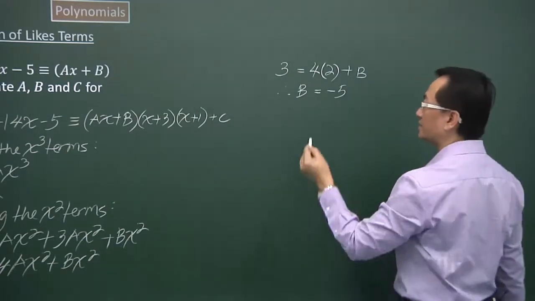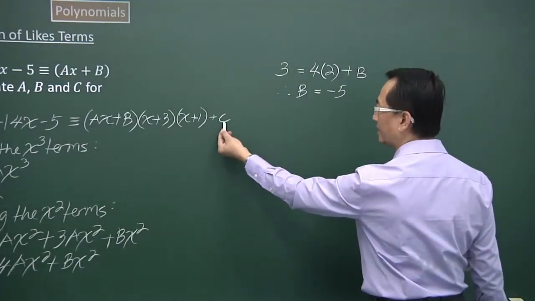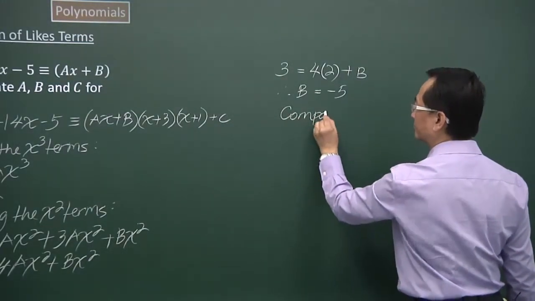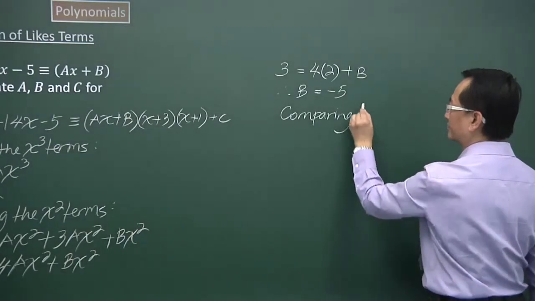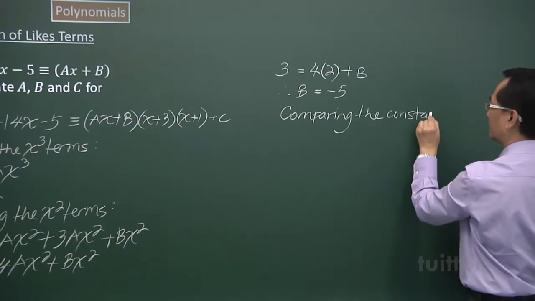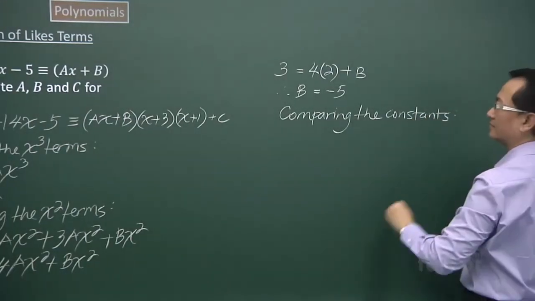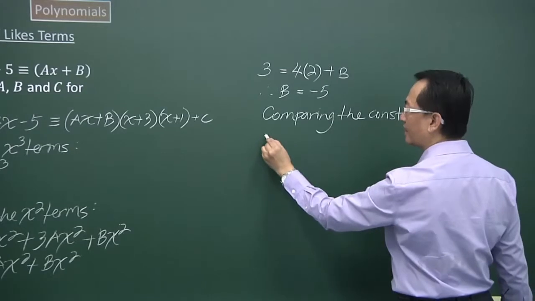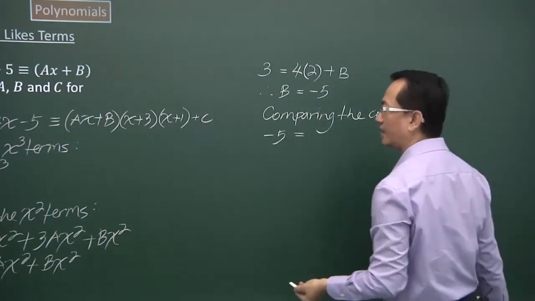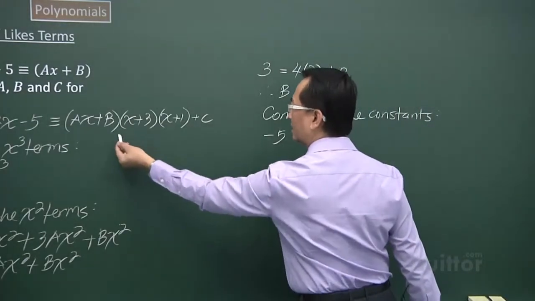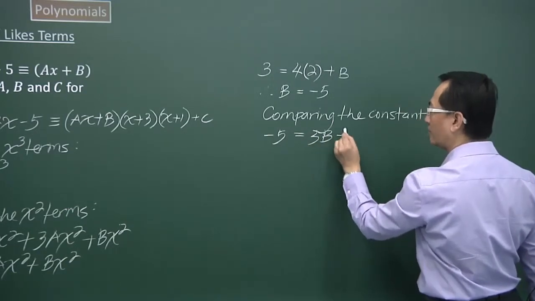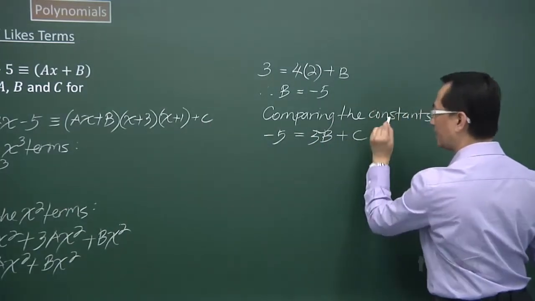So next and finally, to find the c, I have to compare the constant terms, or the constants. So on the left-hand side, I have -5. On the right-hand side, I can have b times the 3 times the 1, so that would be 3b plus the other constant c.